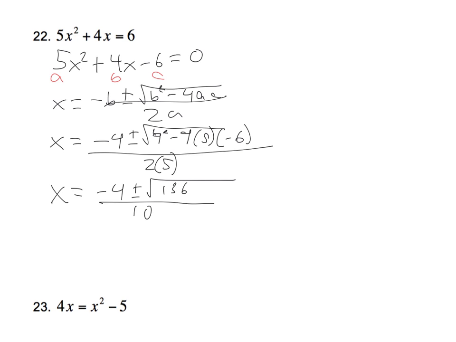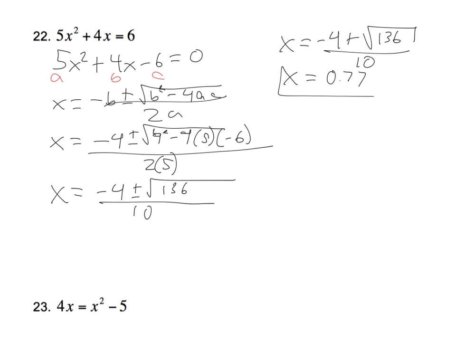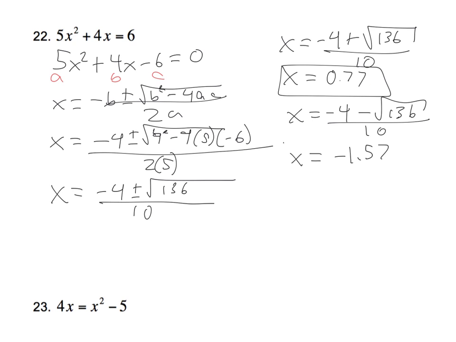And if I split that into 2, I find that x is negative 4 plus the square root of 136 over 10, which gives me an answer of 0.77. And if I do x equals negative 4 minus the square root of 136 all over 10, I get an answer here of negative 1.57.